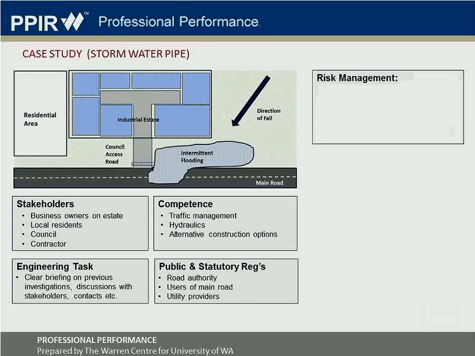Okay, risk management. What do you think could be risks that need to be considered in this particular case? What could go wrong? What could be affected? What could affect the progress of the project?